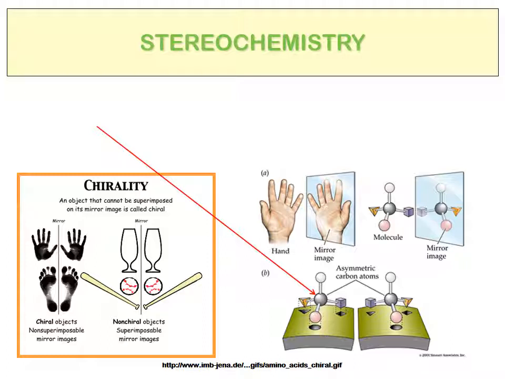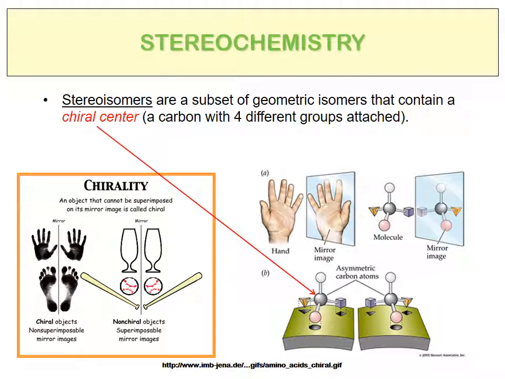Stereoisomers are a subset of geometric isomers that contain what is called a chiral center, the chiral carbon. The only way you can have it is you have to have 4 different things attached to that carbon. Once you have like 2 hydrogens, like a hydrogen and another hydrogen, you can't have a chiral carbon.